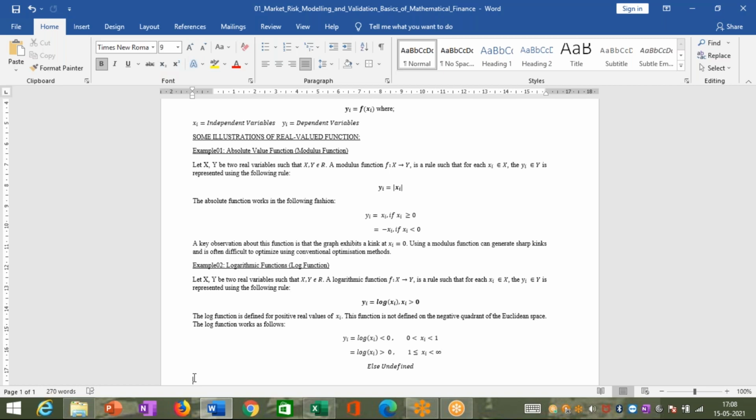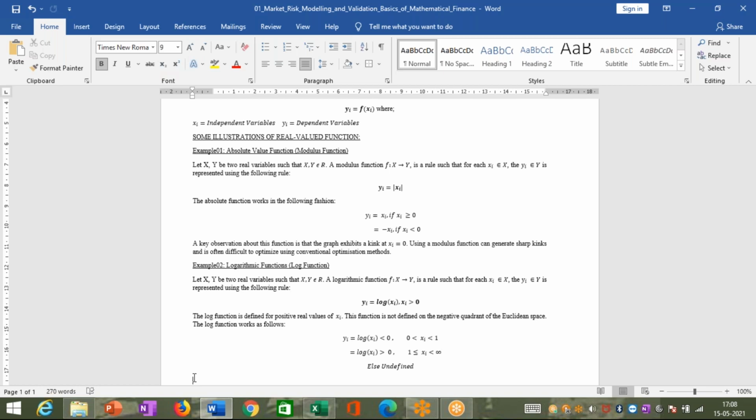Logarithmic functions are also critical because one of the key probability distributions seen for stock prices, or for most assets, is the log normal distribution, right? With the log function, a whole set of distributions comes into play. That is why the log function becomes very critical, as well as the exponential function.